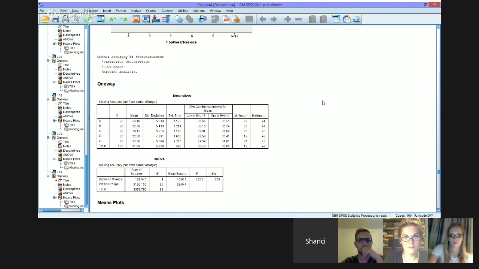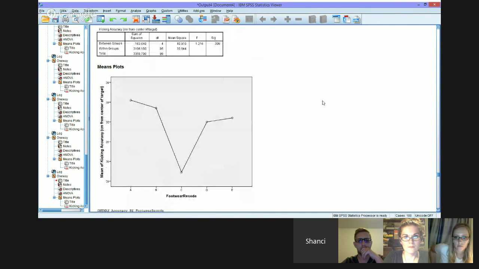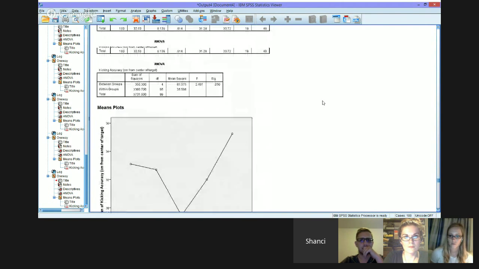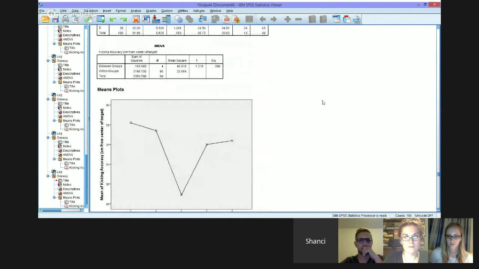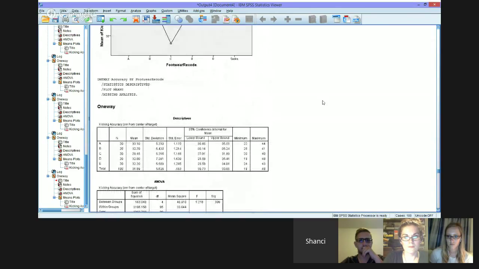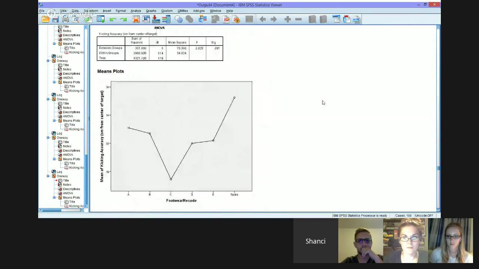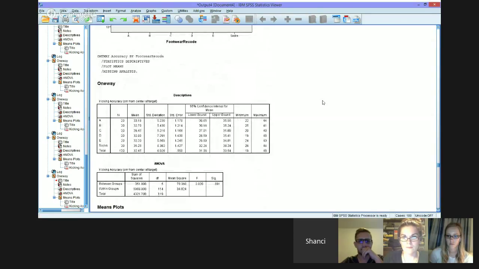Oh, this is silly. Where do we see the variance? The variance, isn't that the deviation? No. Where do we see the variation?